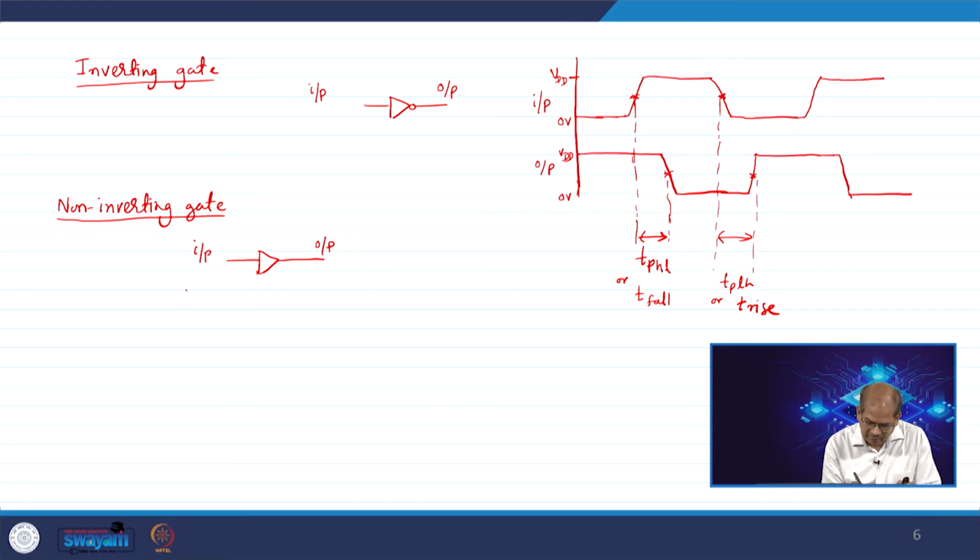Here the input is doing a transition like this.